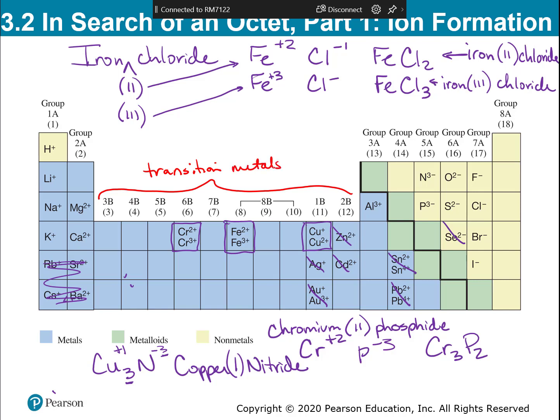If you look on your periodic table, notice that you have a capital B at the top of their group number, not a capital A.